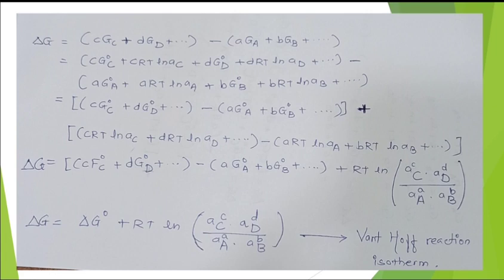So cRT into ln of activity of C plus dRT into ln of activity of D. This is our first bracket minus the second bracket, and in this bracket you write aRT ln of activity of A plus bRT ln of activity of B. So this is the equation.